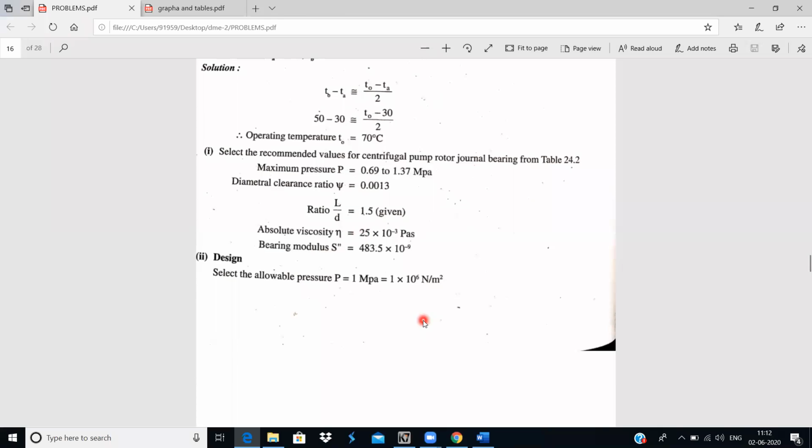Once you take allowable pressure, then by using the formula, pressure is equal to load by area. Area is equal to L into D. Substitute P, substitute W, they have given W, but here L by D ratio they have given in the question, L by D is equal to 1.5, then we can take L is equal to 1.5 into diameter. Substitute L is equal to 1.5 into D, then calculate diameter.